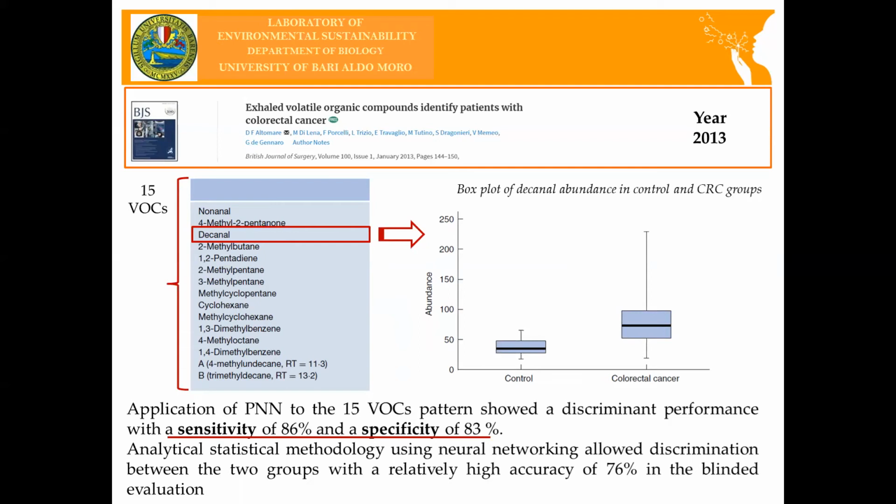The application of the probabilistic neural network model to the 15 VOCs showed a discriminant performance with a sensitivity of 86% and a specificity of 83%. Finally, the application of the predictive model to the blind samples allowed discrimination between the two groups with a relatively high accuracy of 76%.